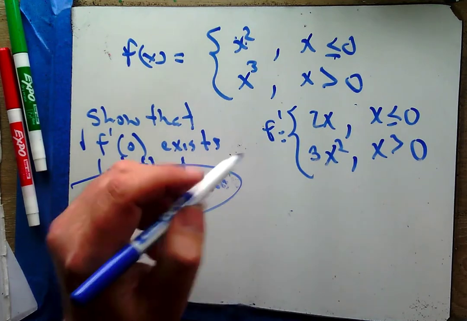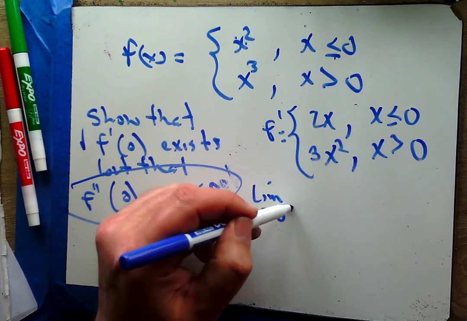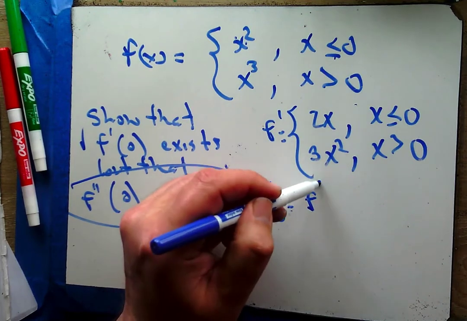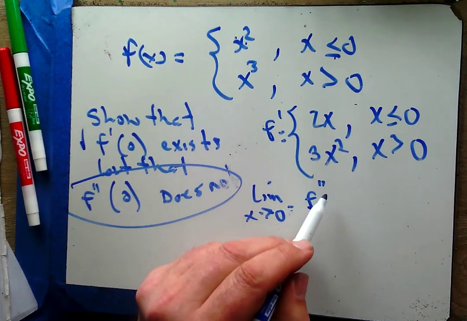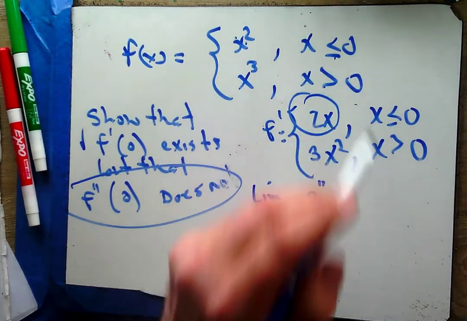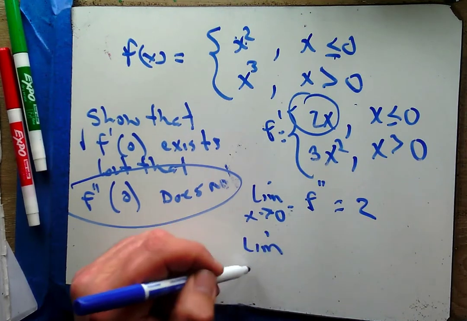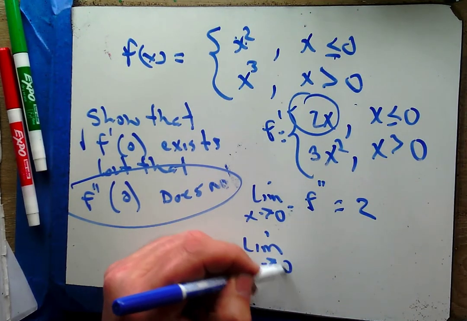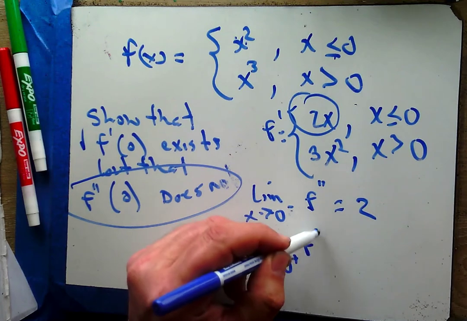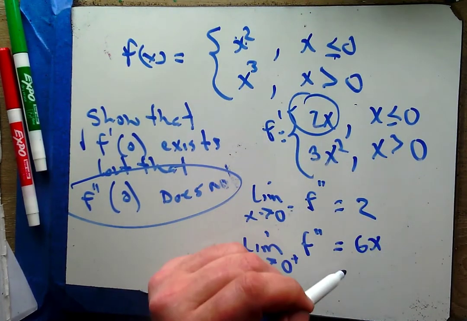But what about differentiable? What can I say about the limit as x approaches 0 from the negative side of f double prime? F double prime represents the slopes, or taking the derivative here. What's the derivative of 2x? 2. Now what about the limit of the slopes from the positive side? What's the derivative of this? 6x.